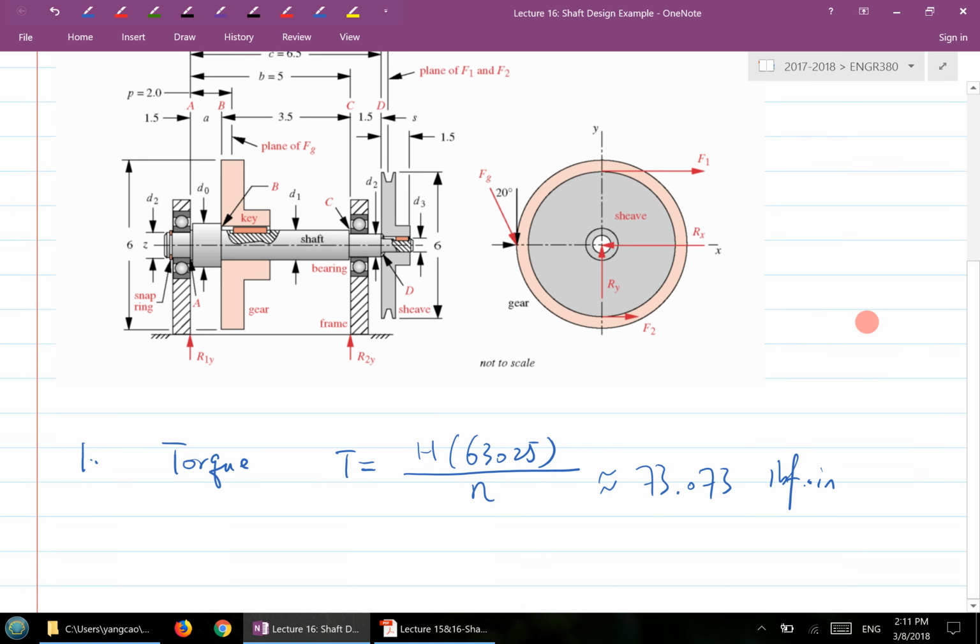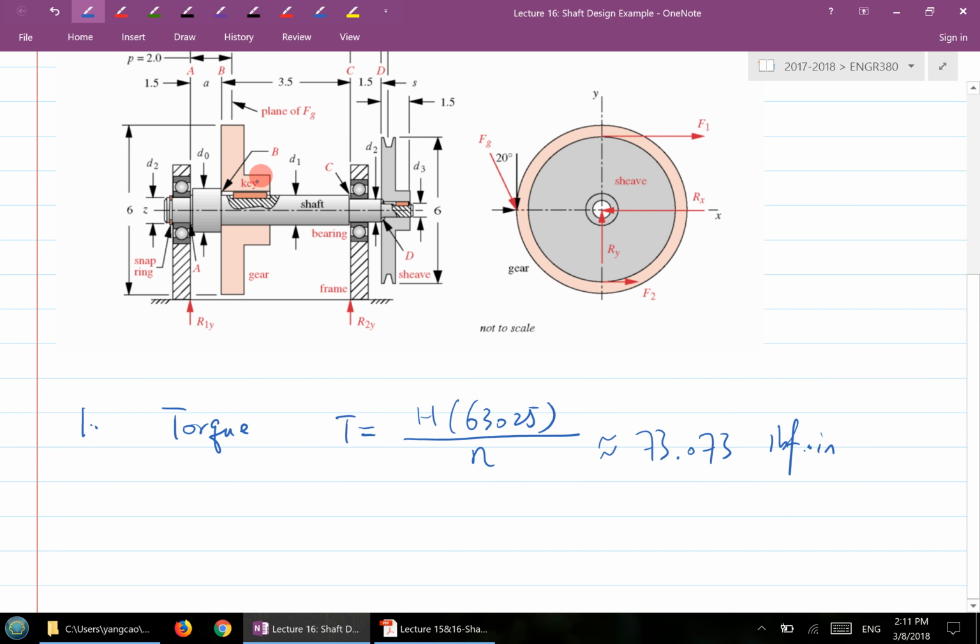Next, once you get the torque, you're supposed to know how the torque is distributed along the shaft. We typically obtain that information by sketching a torque diagram. Here, an amount of power is transmitted to this gear, through the shaft, to the sheave. That's the output.